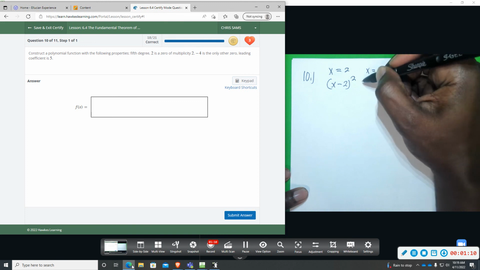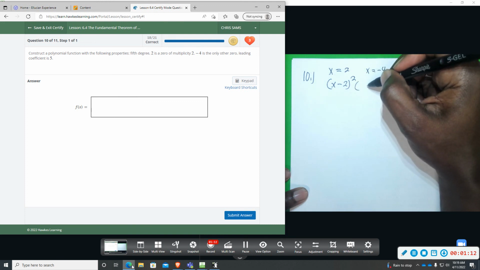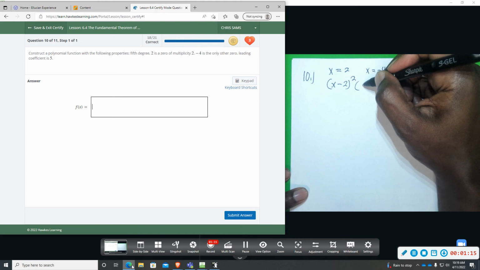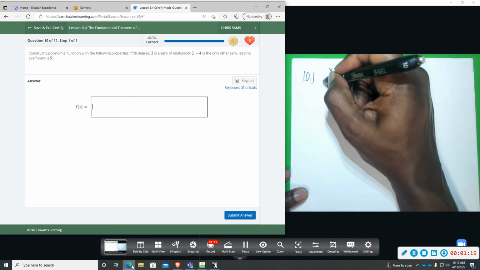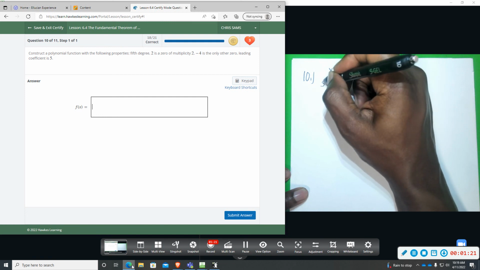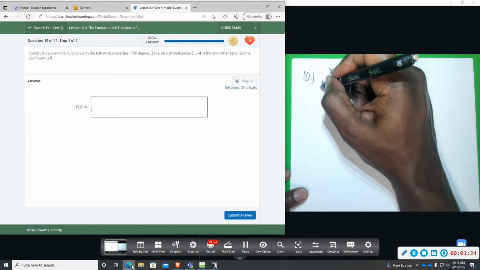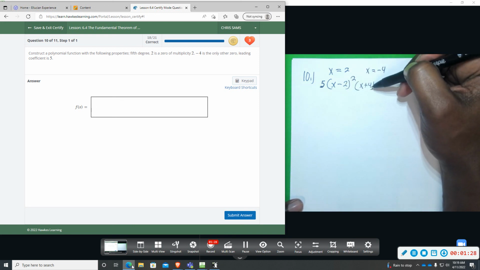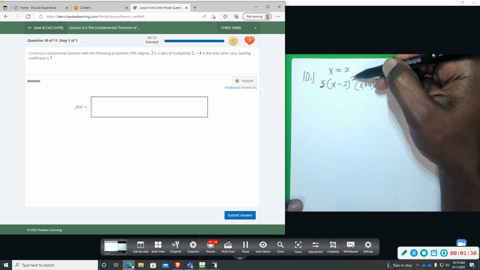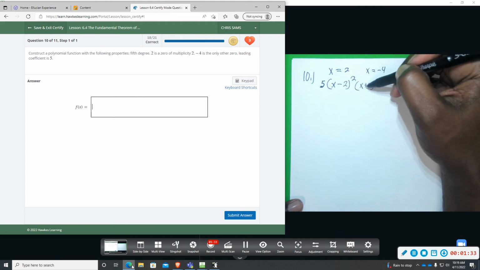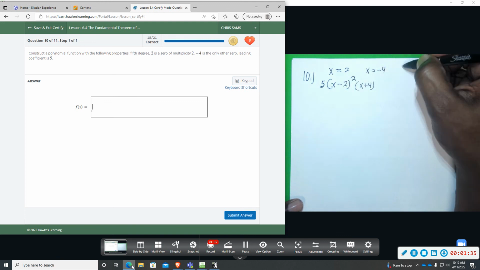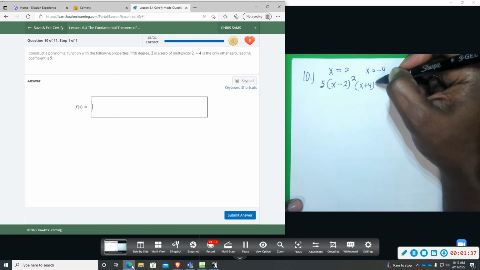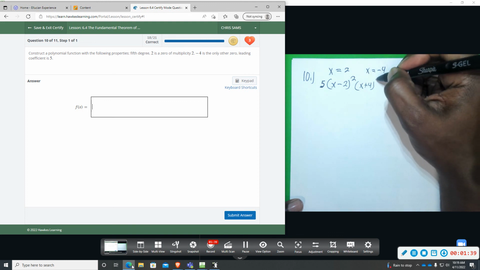When we write that as a linear factor, that will become x plus 4, and then we have this leading coefficient of 5 here. Now, this would only lead us to having a 3 0, so we have 2 here plus 1. So since it's a fifth degree, we need to raise this to the third power. This means this has a multiplicity of 3.